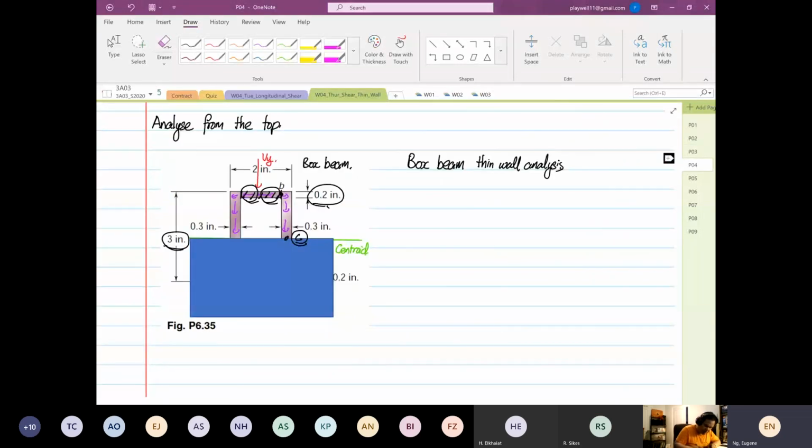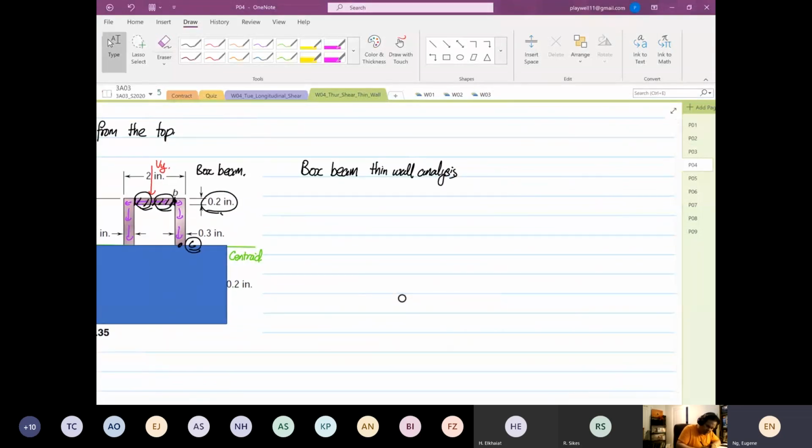That's why when it's box beam, to reduce your confusion, you have to write down it's going to be 2Q. Why 2Q? One goes towards the left, and the other one goes towards the right. Okay, so this is box beam analysis.